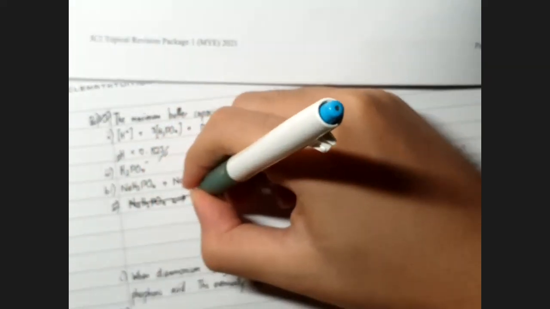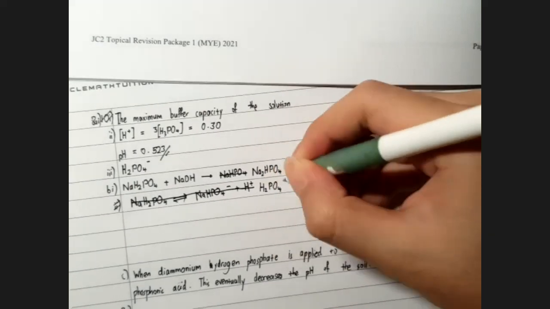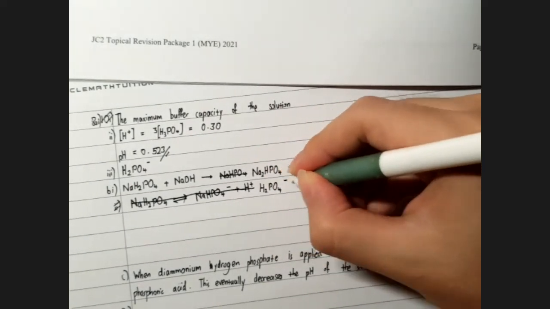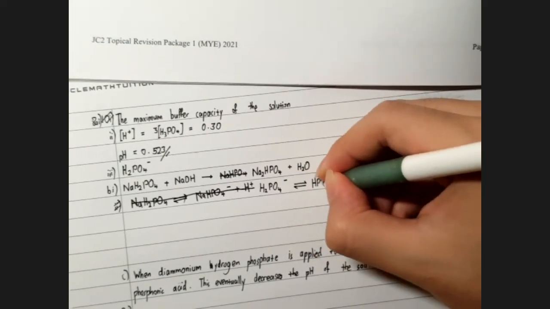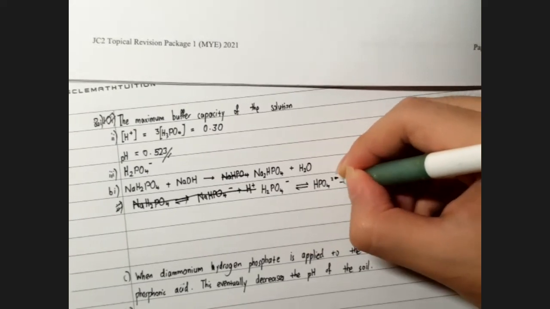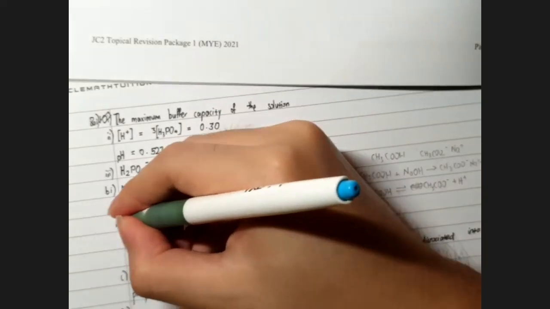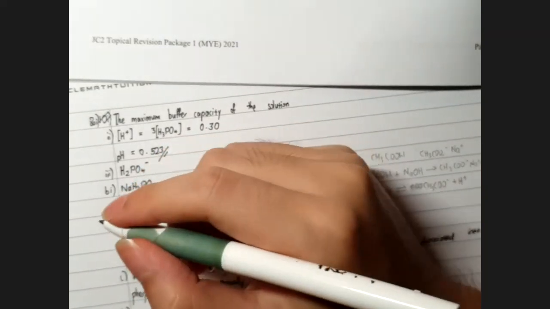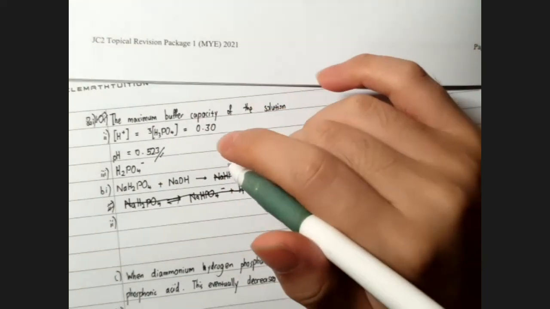Let me just rewrite this. pH 7.4. How do I get that? Yeah, so you must work backwards.